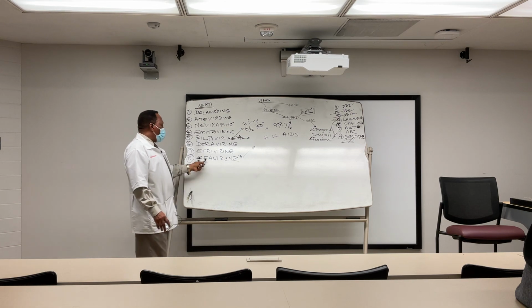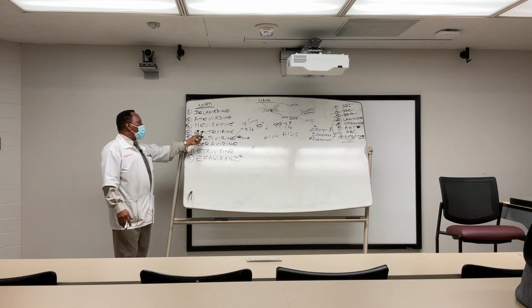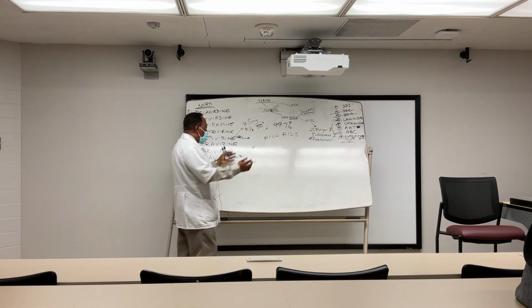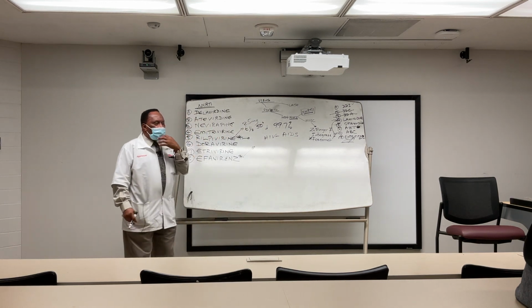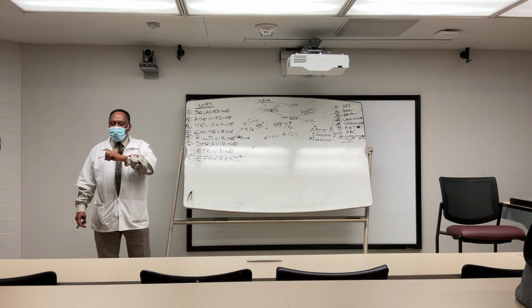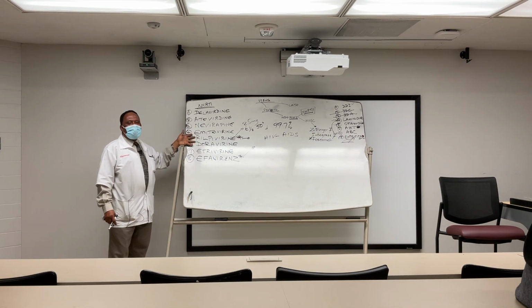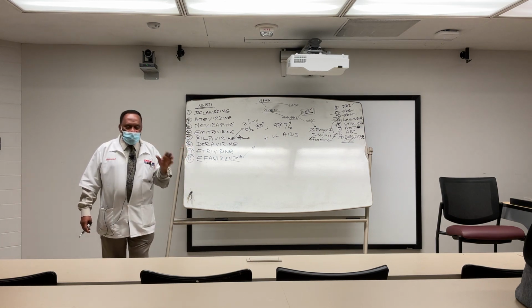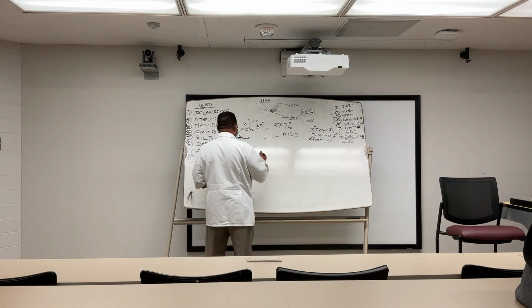Atripla is efavirenz with M10, Complera is M10 plus ribavirin. So they're used in combination. You always want to use an NNRTI in combination with other agents because resistance develops rapidly to your NNRTIs. So that's why you always want to use them in combo.